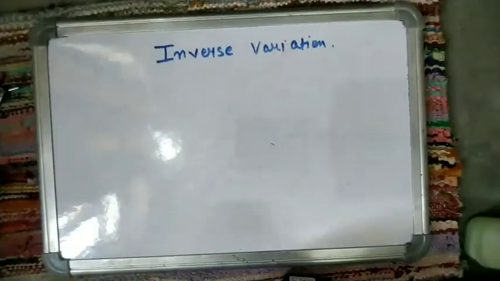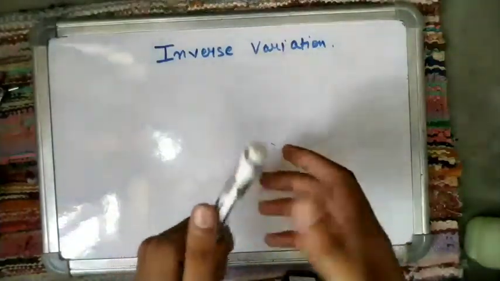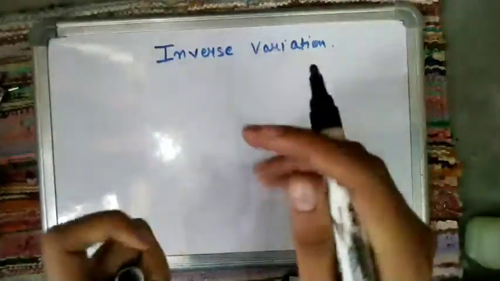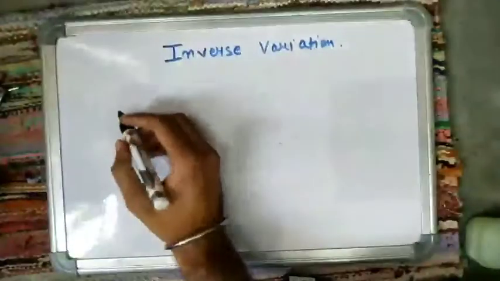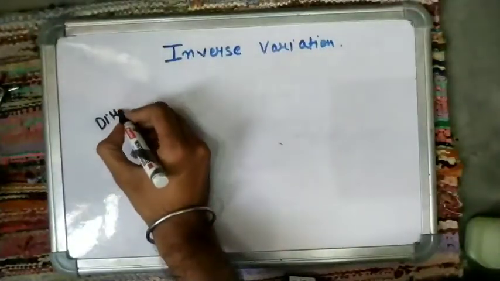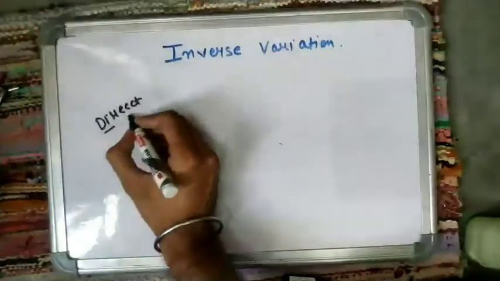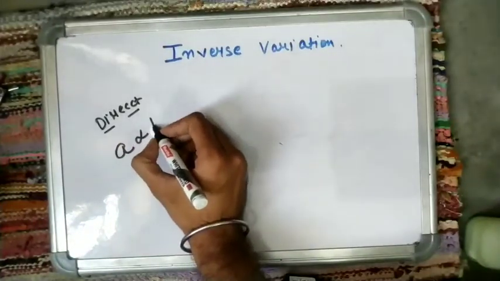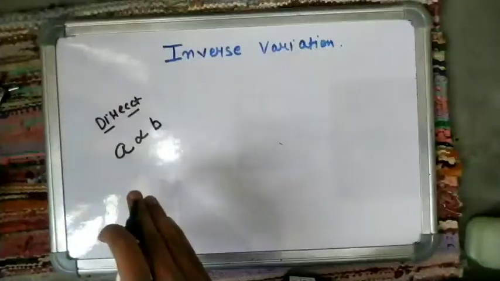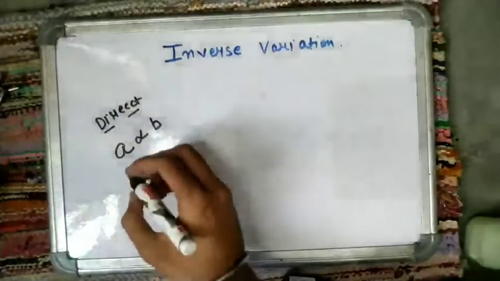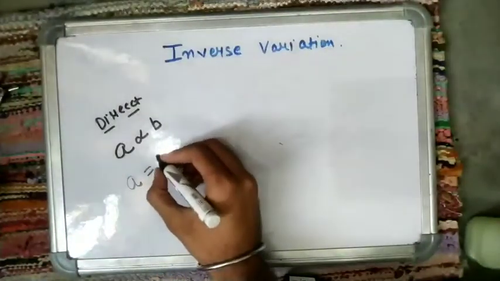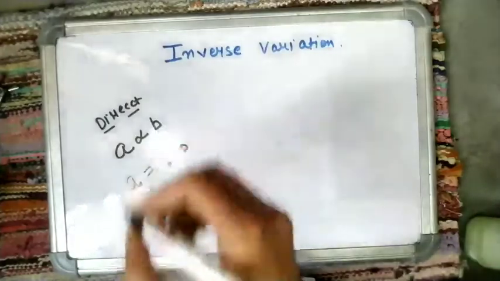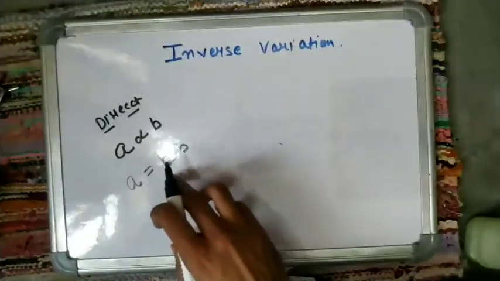Okay, let's start. In direct variation I have told you, beta, that whenever we have a direct variation we use this statement: A is directly proportional to B. Then we write A is equal to K times B, and this number K we have to find.